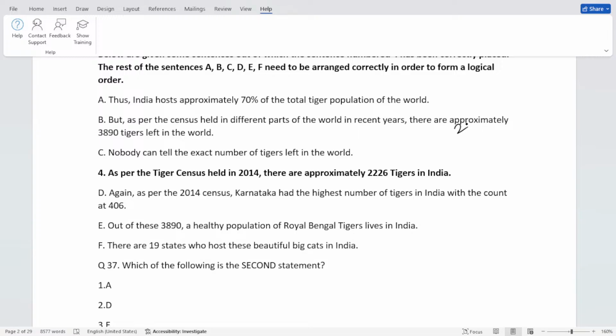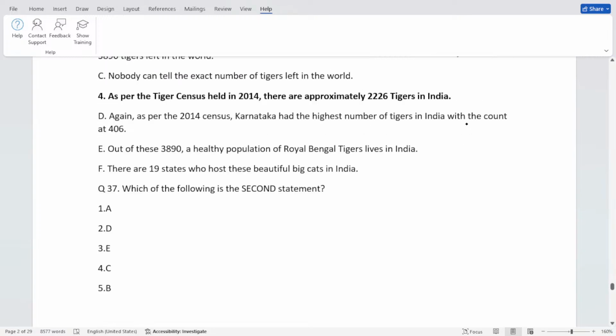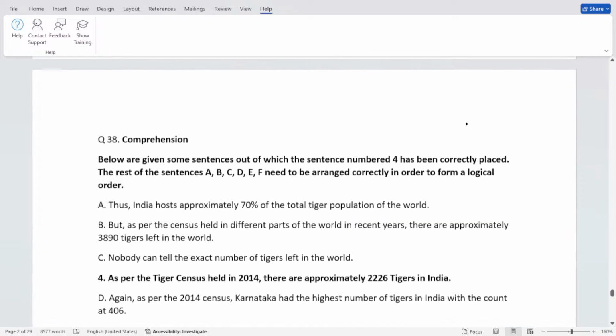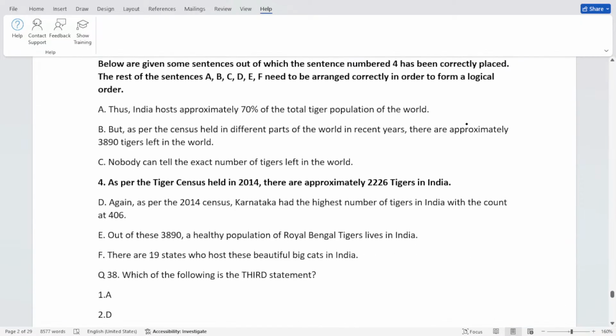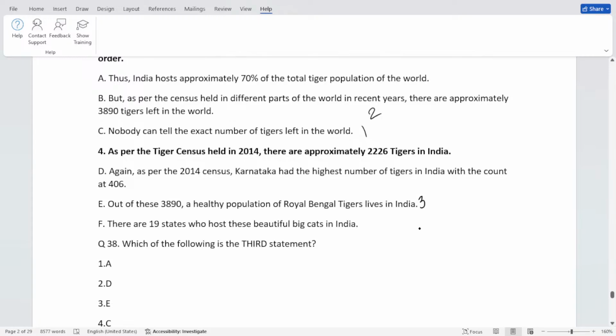Third statement they are asking. Accordingly, what will be the third statement? We have to find out. So C is the first, B is the second, and next E. Already 3,890 is a continuation. So here this is the third statement. Next, the fifth statement we have to see.